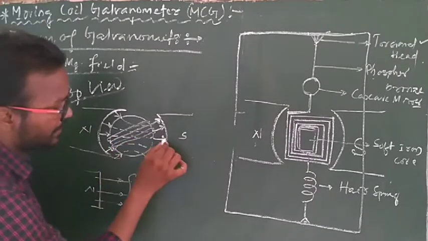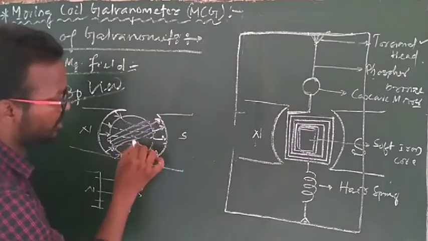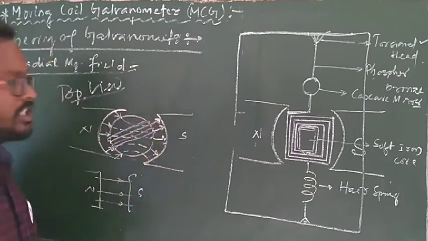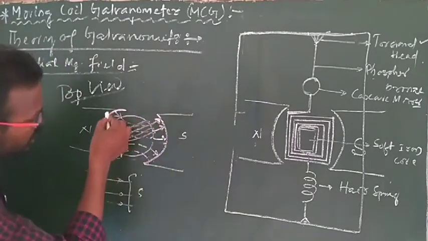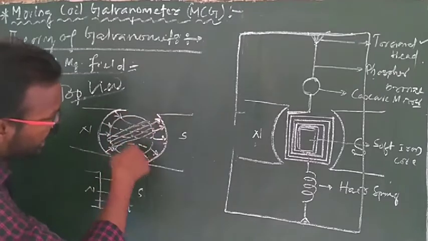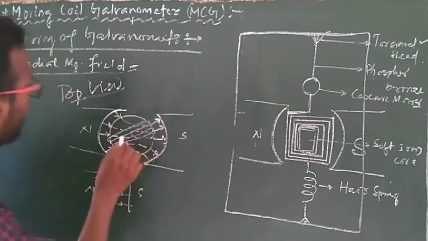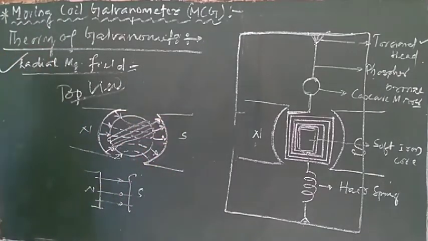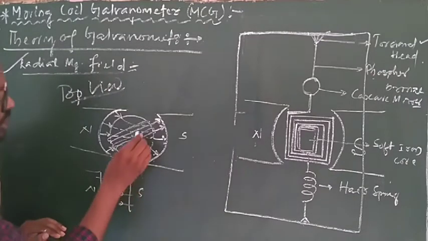And this is the radius, and this is also a radius. If you observe from its top view, it looks just like a circle. So this field is known as a radial magnetic field, because all the magnetic lines are along the radius.